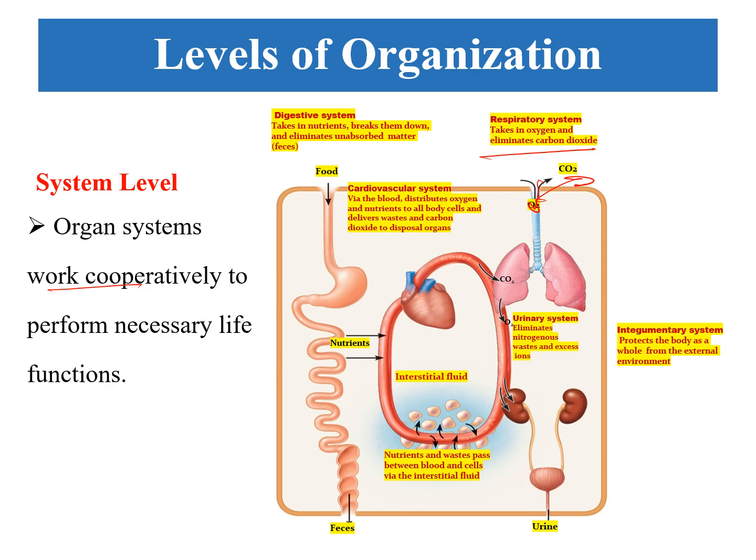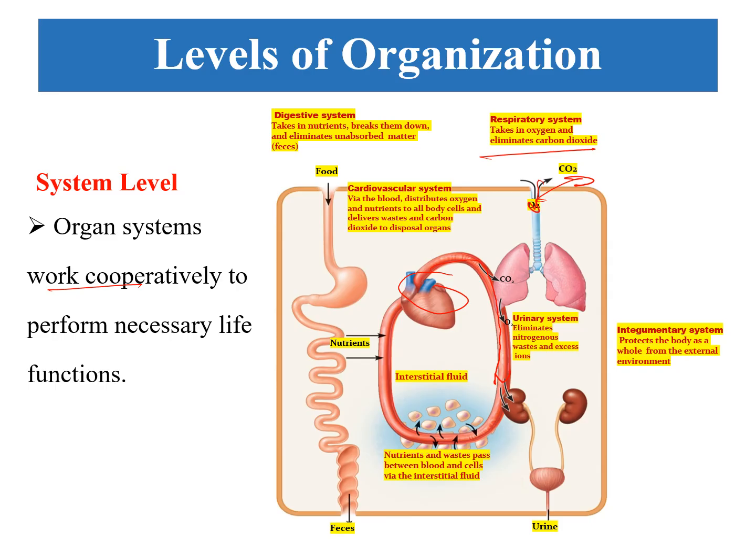It's there to perform the function of respiration, gaseous exchange, and so on. Then the cardiovascular system is made up of the heart, the blood vessels, as well as the blood. The blood is there to transport these gases to the various tissues of the body. The heart is there to pump blood to those various places of the body, while the blood vessels are there to act as the conduit.